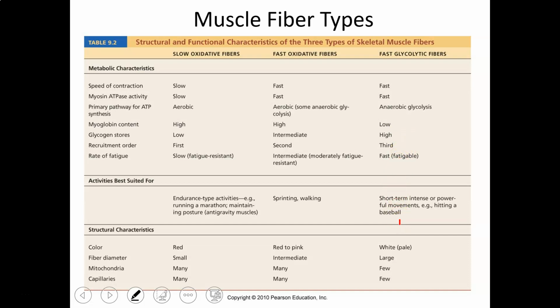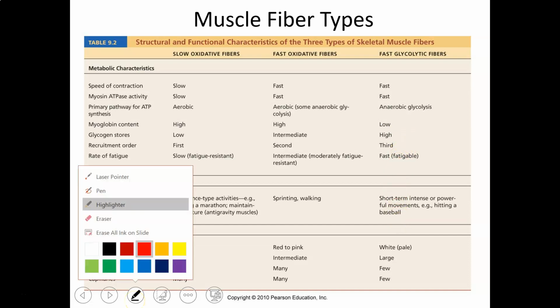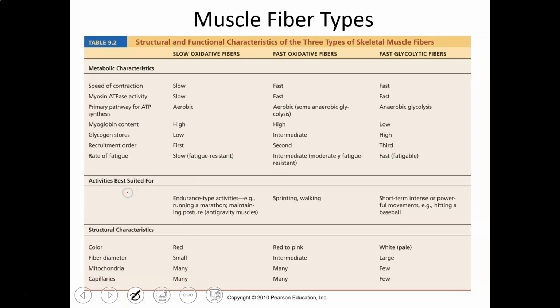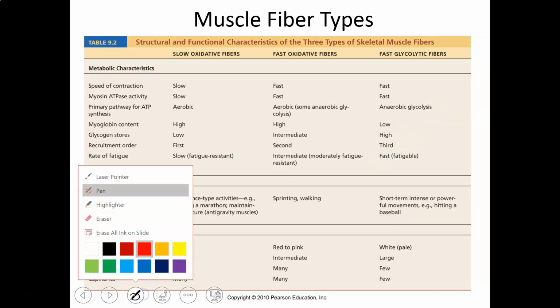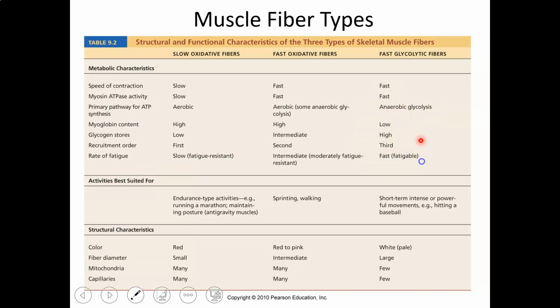These fast glycolytic fibers are high fatigue fibers, used for short-term intense movements. Now, in between here is the fast oxidative fiber, and it's intermediate on all the things.